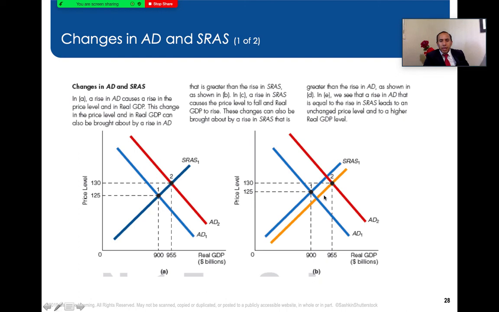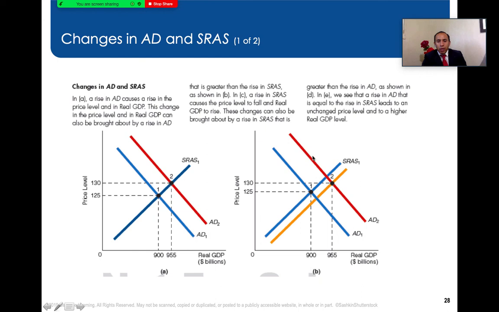And at the same time, simultaneously, we have an increase in aggregate demand: greater investment, greater government spending, greater consumer consumption. So it increases the aggregate demand curve, boom, to the right.